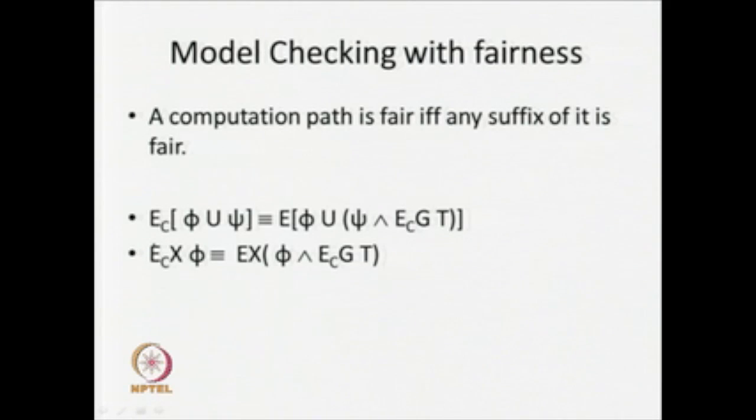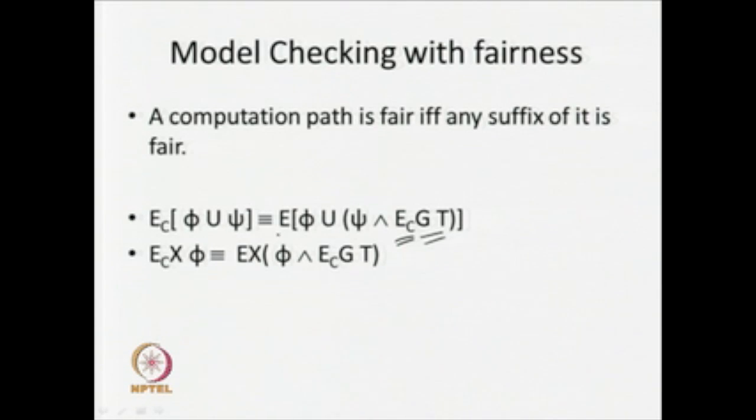So, we can say that this is equivalent to there exists a path phi until psi and EC G T. So, this is your fair path where true is always true. That means, when I am talking about that EC, there exists a path with fairness constraint phi until psi.